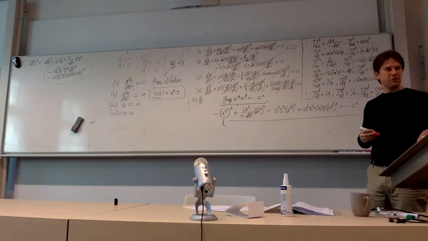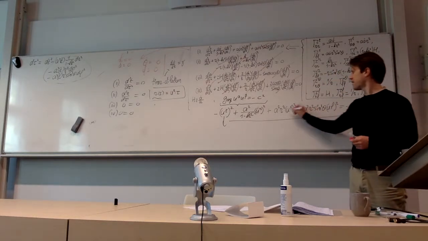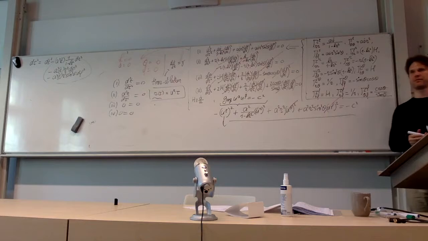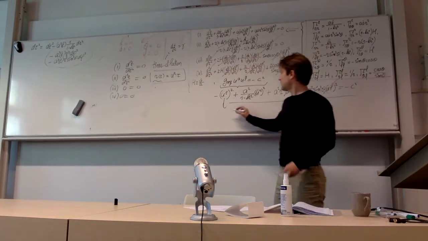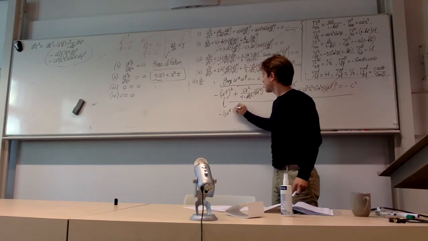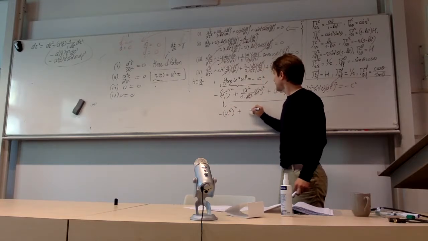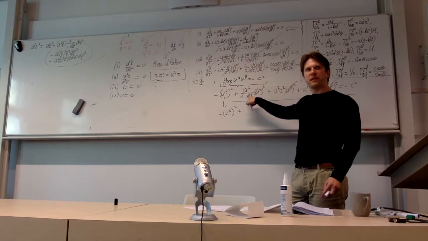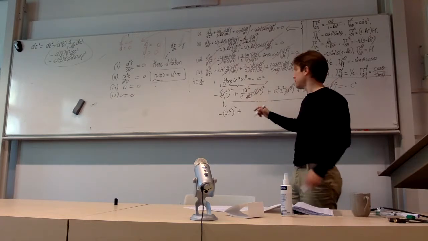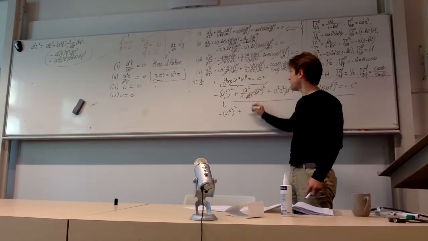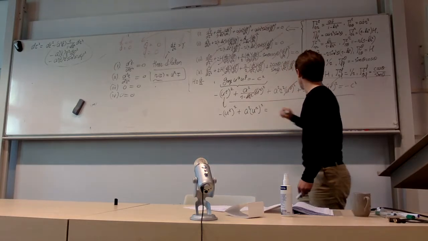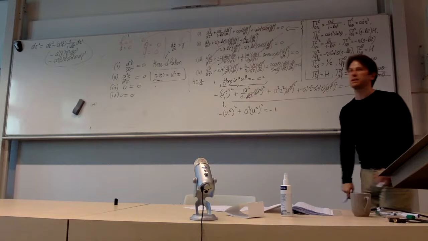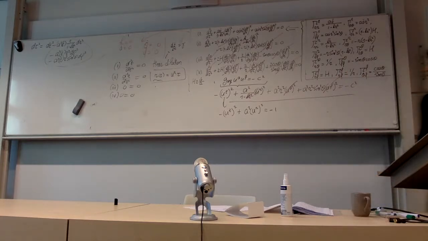Now we looked at a very specific case in which this is 0 and that is 0. So that means minus (U^t)^2 plus, remember that we were looking at the specific case of Minkowski flat expanding spacetime, so this is just a^2 over 1, so that's a^2 (U^r)^2, and that whole thing should equal minus c^2, but we're now in c equals 1 units. So there you go.